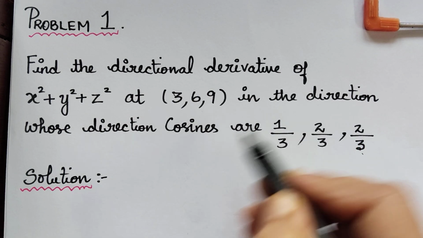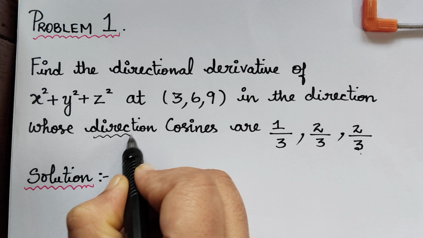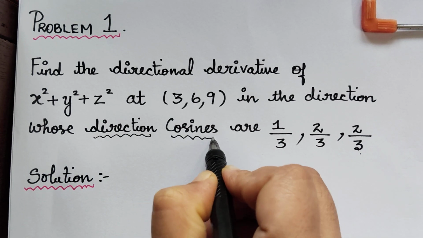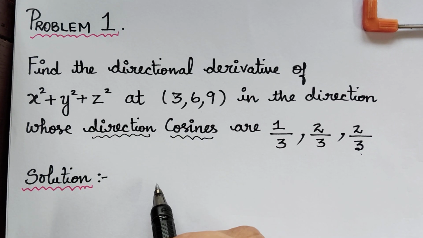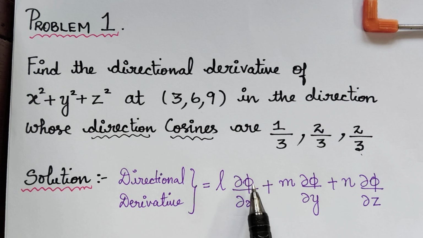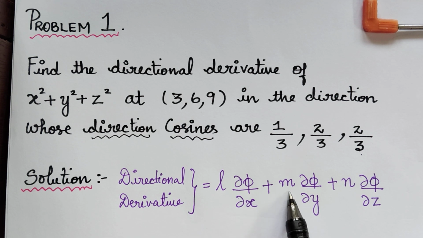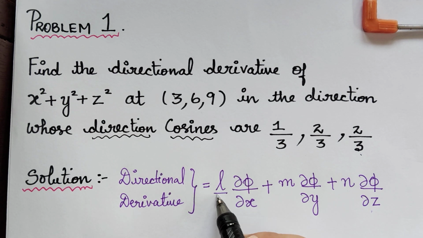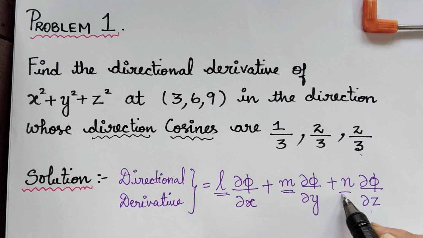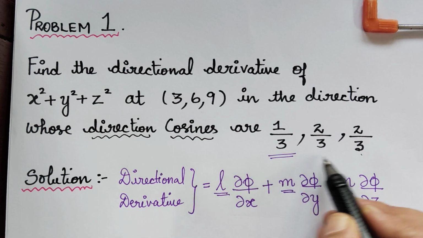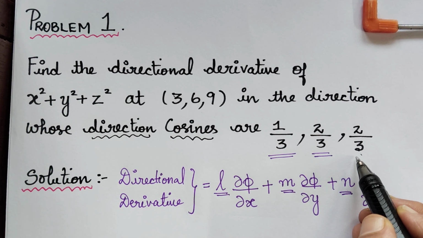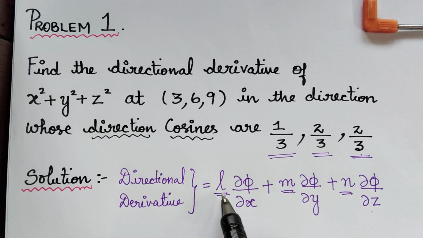So whenever you see this word, direction cosines, we have to use the formula l multiplied with dou phi by dou x plus m multiplied with dou phi by dou y plus n multiplied with dou phi by dou z, where the values of l, m and n are 1 by 3, 2 by 3 and 2 by 3, because l, m, n are the direction cosines.